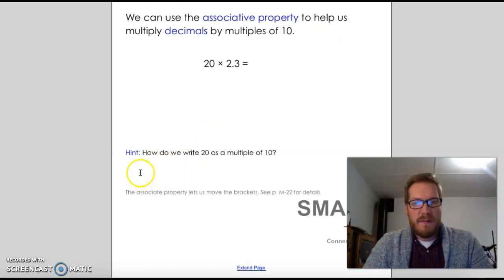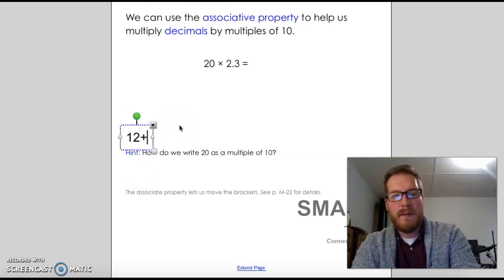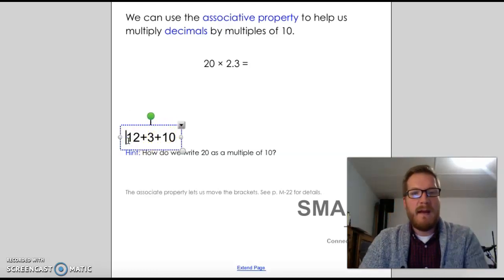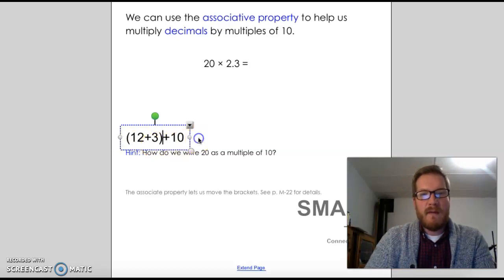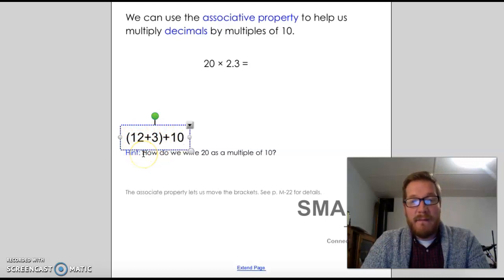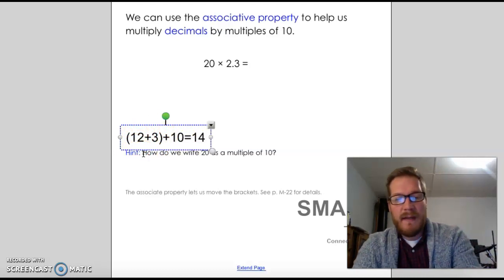So I'll just put a question down here for a second. If I have something like 12 plus 3 plus 10, but let's say that I put brackets here, then the brackets tell me I have to do that stuff first. And so 12 plus 3 is 15, and then I'm still adding the 10, which is going to equal 25.